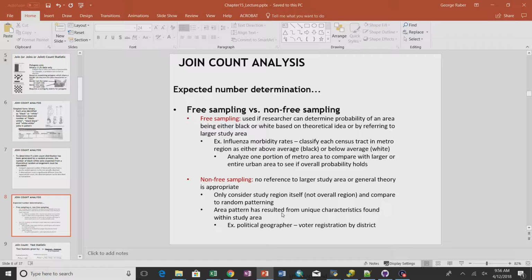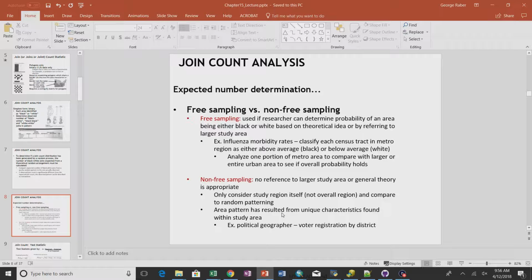So the big example there, you want to analyze one portion of a metro area to compare with the larger or entire area to see if the overall probability holds. That's when you use free sampling. Non-free sampling, probably slightly more common, but maybe not much. But that's kind of the default, I would say. So in using non-free sampling, you're just studying it.